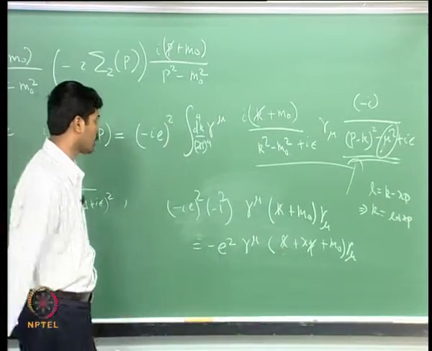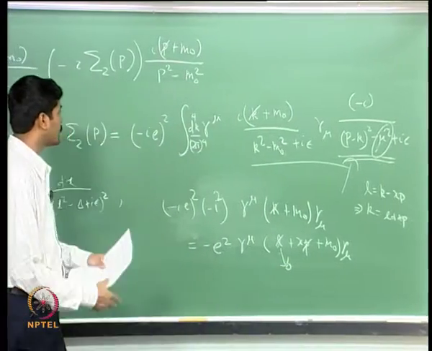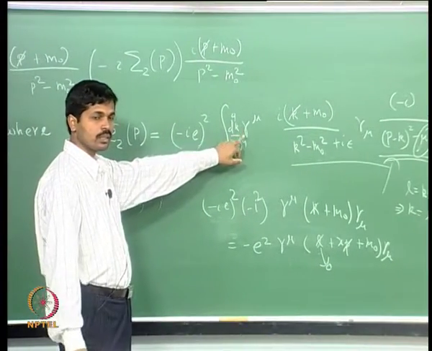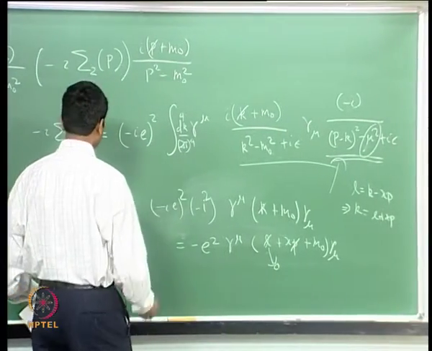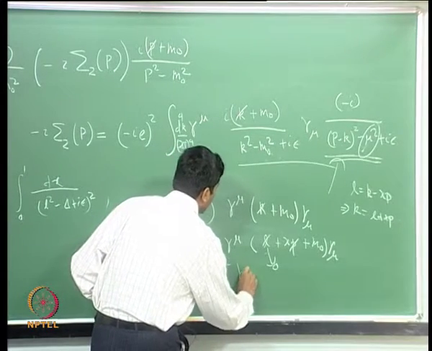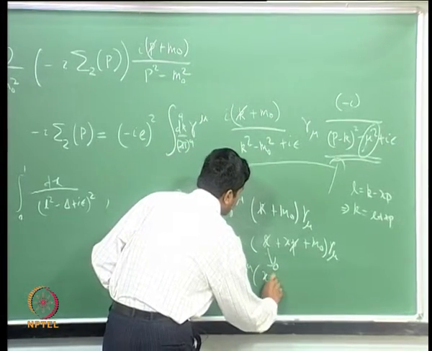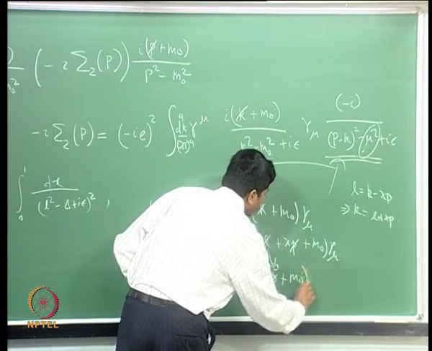So, the linear terms in L will simply go away when we perform the L integration here. Therefore, the numerator we are left with is simply minus e square gamma mu (x p slash plus m0) gamma mu.